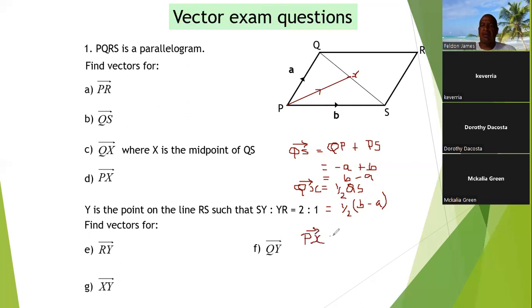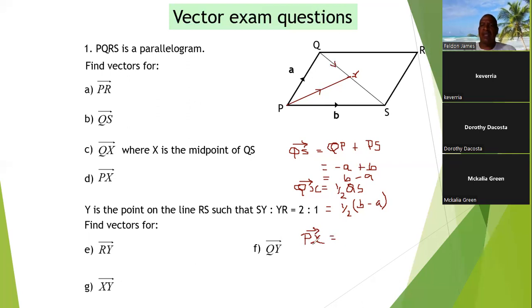You can go from P to Q, and then from Q to X. So you can go PQ, and then you go QX.